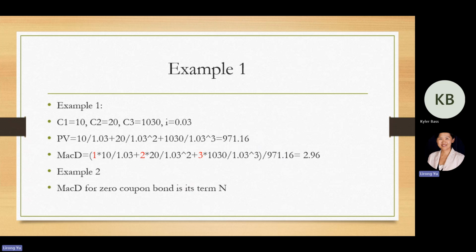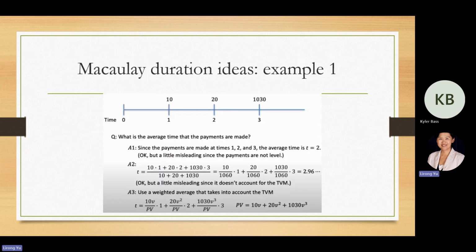Now, the second example: if you have a zero coupon bond for 5 years, then the Macaulay duration for it will be equal to 5. For a zero coupon bond, the term is the Macaulay duration. Just imagine this cash flow without the 10, the 20 and the 30, with only that 1,000 payment.